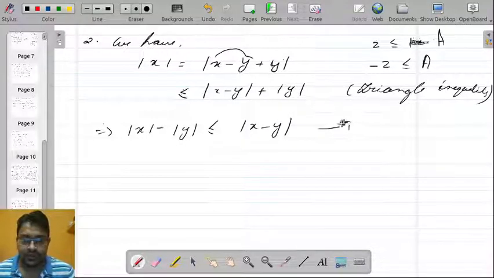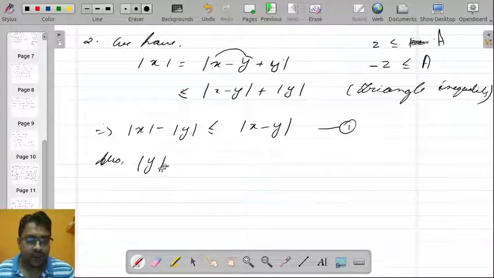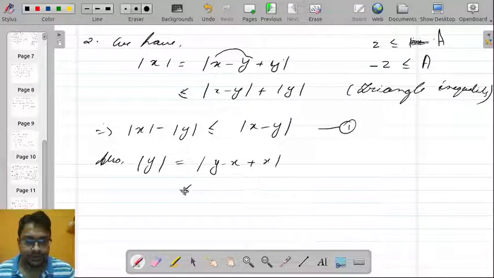So I'll apply the same thing with y. So mod of y is actually mod of y minus x plus x. So this one is less than or equal to mod of y minus x plus mod x.